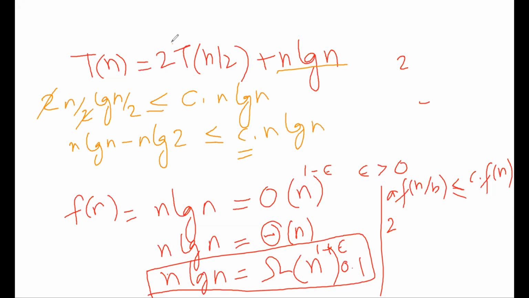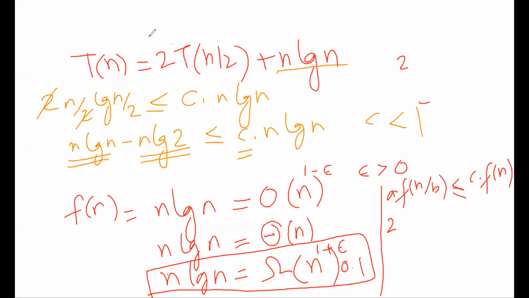So the c value should be less than 1. n log n minus something looks like it is less than c into n log n, and c is less than 1, so you can, for sufficiently large n.